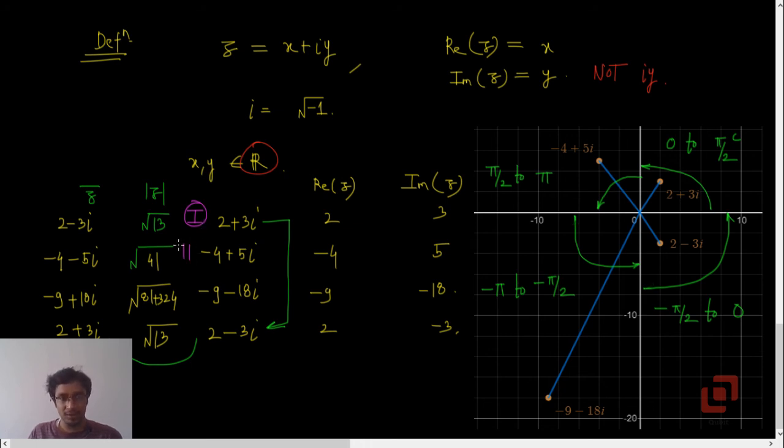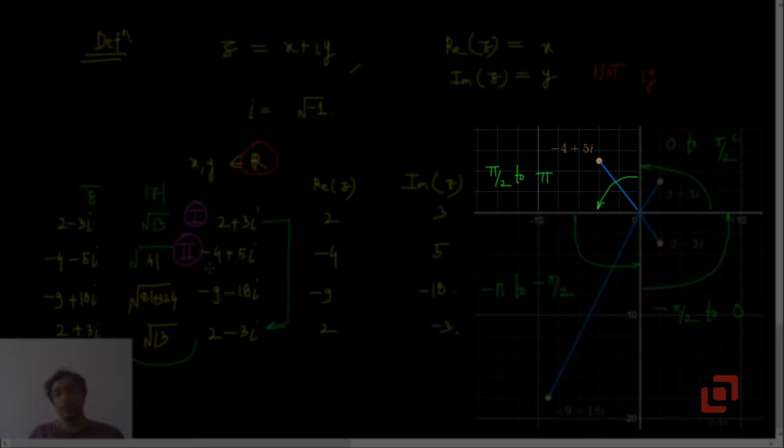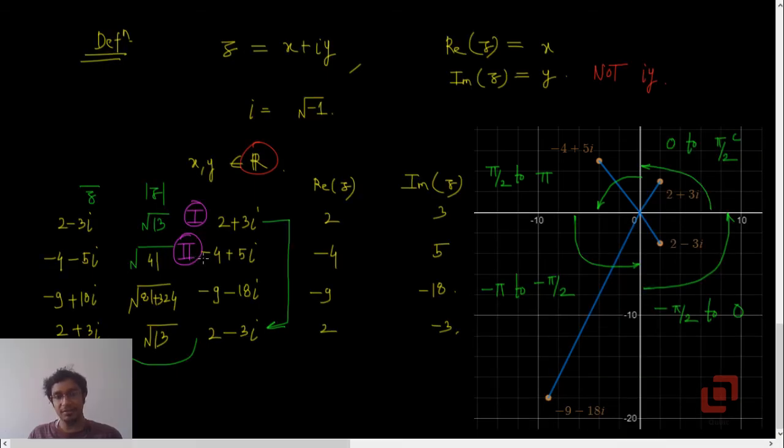Let's go to the second one here. This particular complex number has a negative real part and a positive imaginary part, which means its location on the Argand plane will be in the second quadrant. Yes, so if that is the case, then theta will be between 90 degrees and 180 degrees.